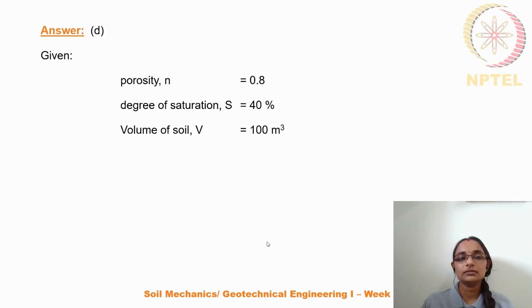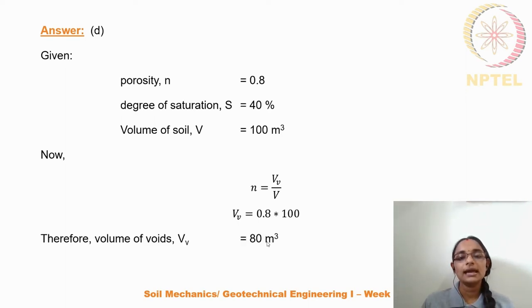We know that porosity is equal to volume of voids by total volume. Rearranging the equation for volume of voids Vv, we get it as Vv is equal to nV, that is 0.8 into 100. So, we get the total volume of voids as 80 meter cube.